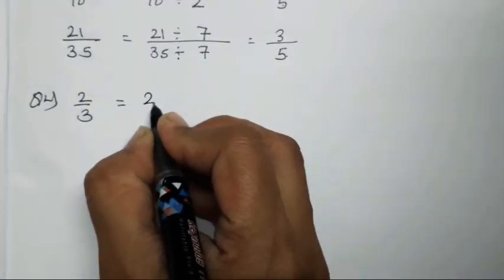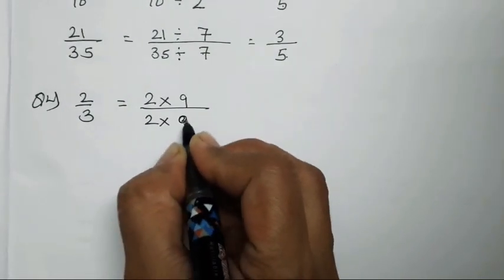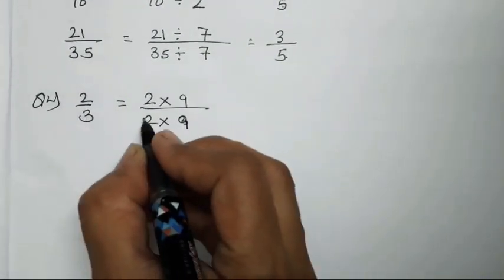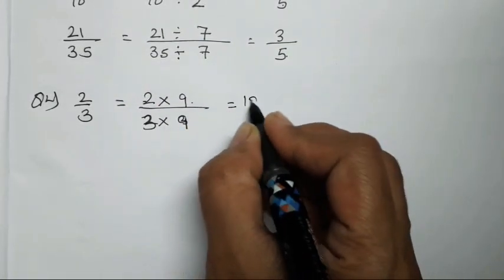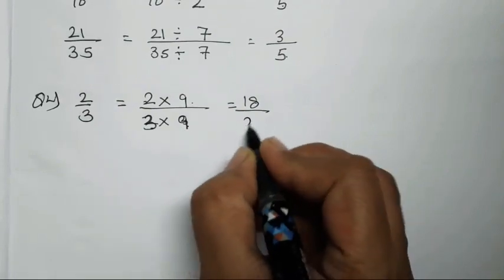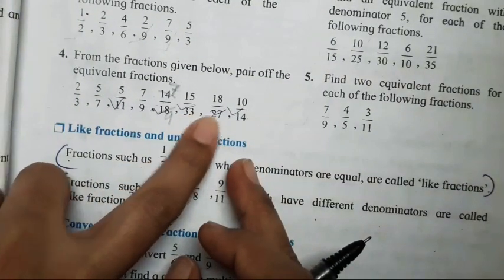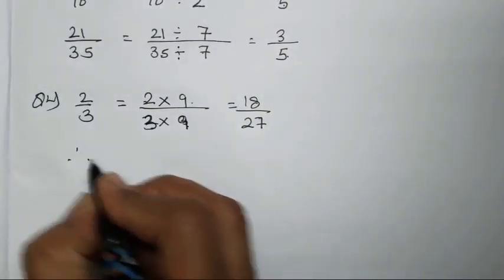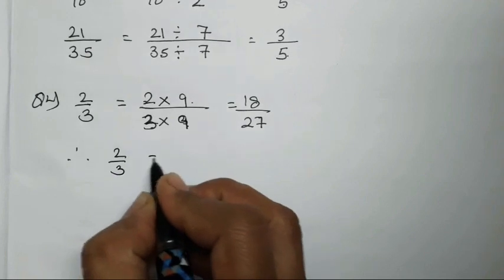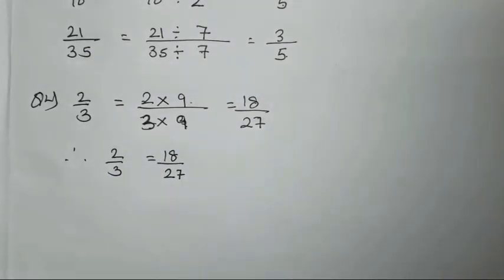So if we multiply it with 9, 9 2s are 18 and 3 9s are 27. And we have got a similar pair over here, that is 18 upon 27. Therefore, 2 upon 3 is equal to 18 upon 27.